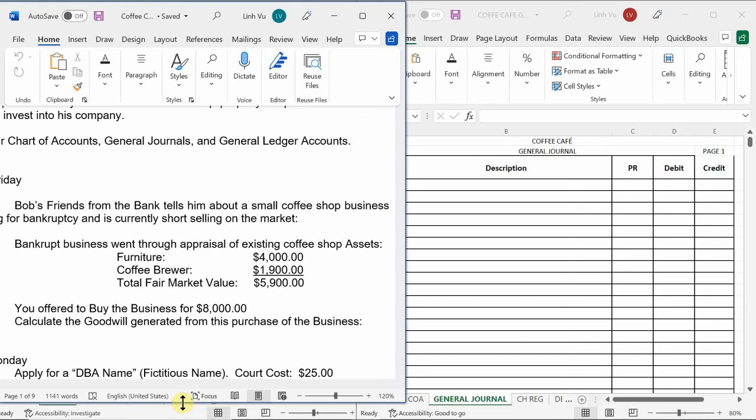Now that I have purchased my business, can I journalize this transaction? Can I properly journalize this transaction?